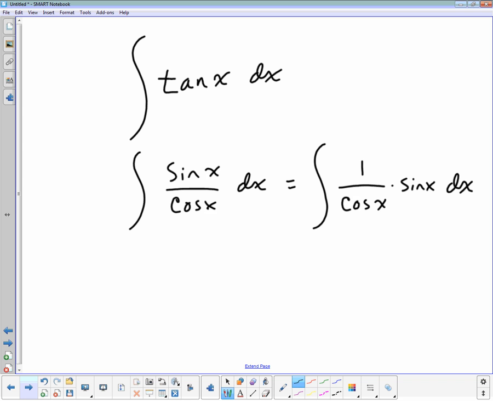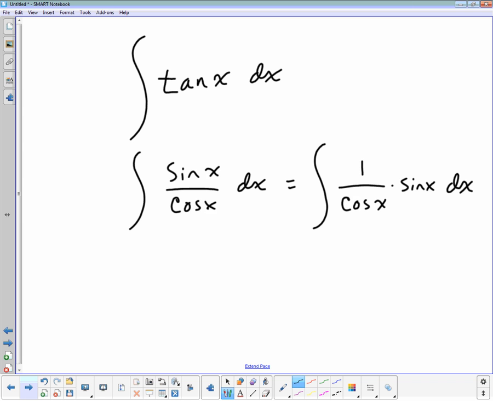Do we see anything in here that is a derivative of another guy? Who is a derivative of who? Well, the derivative of sine is cosine, and the derivative of cosine is negative sine.